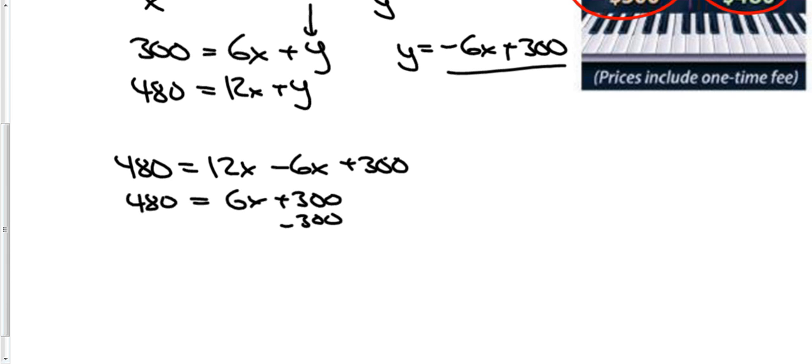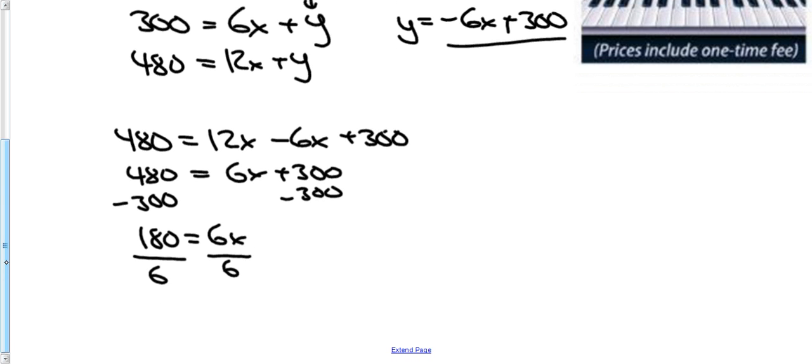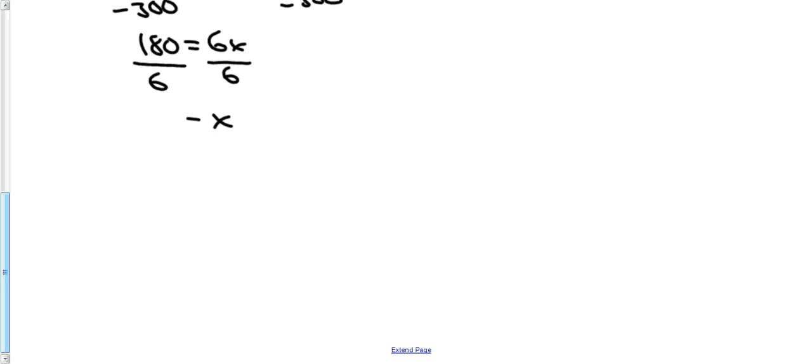Subtract 300 from both sides to get x by itself. So we have 180 is equal to 6x. Divide by 6, and we get that x is equal to 30.